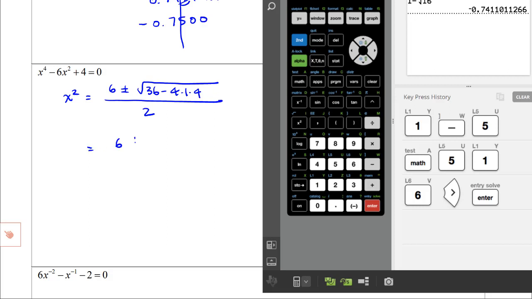Cleaning that up a little bit, do you see root 20 under the radical? I think it's 36 minus 16. And cleaning that up some more, it's going to be 3 plus or minus root 5, because 20 is 4 times 5. The 2 pops out, and the 2 is going to knock it out.